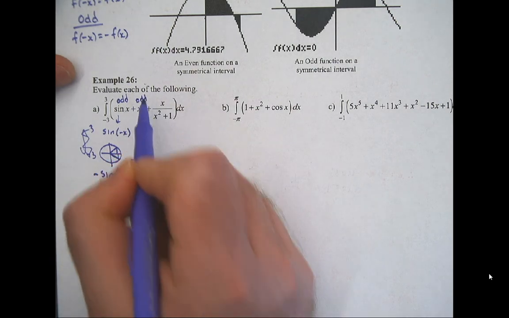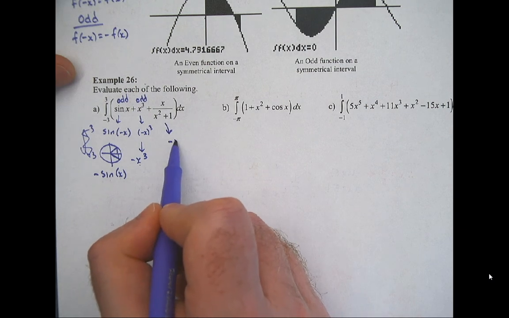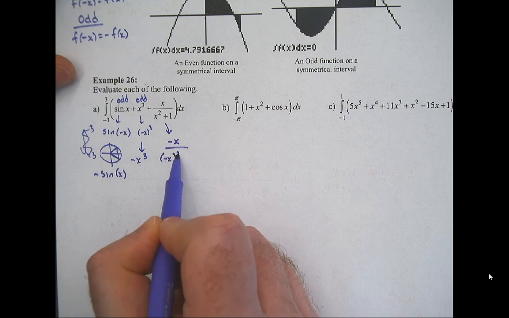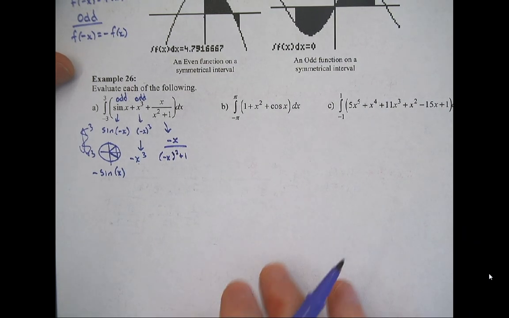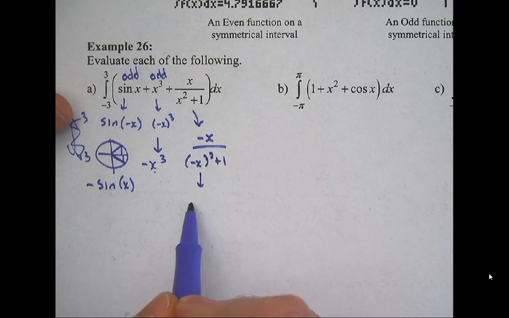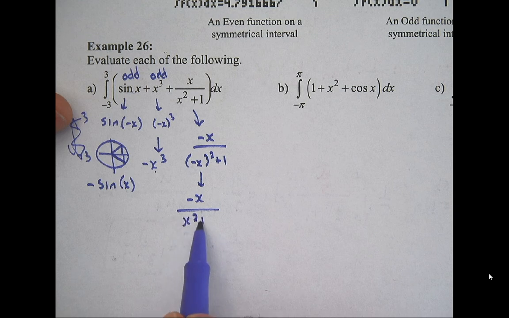So this is an odd function. And then the same argument here, this is going to become negative x over negative x squared plus 1. Well, negative x squared is going to stay as x squared, so this becomes negative x over x squared plus 1.